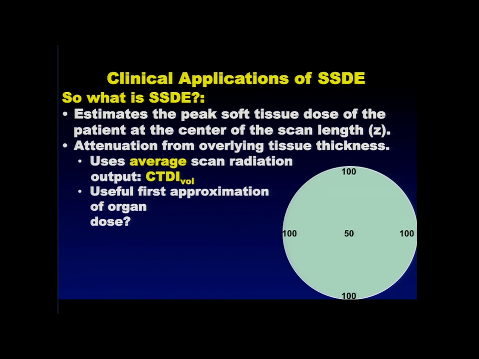Well, what he's not acknowledging is that when we get around to correcting CTDI vol, that will also automatically correct SSDE, because the conversion factor that we use to get to SSDE today will not change, because in the future we're accurately going to account for those dose tails. So don't sit there and think, well, as soon as we change the CTDI vol, this SSDE stuff isn't going to apply anymore. It still will.